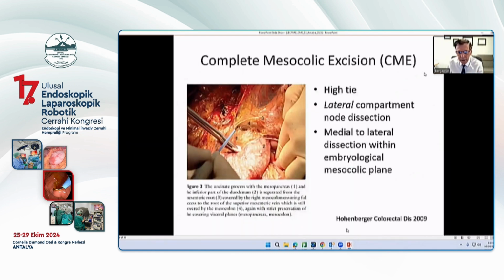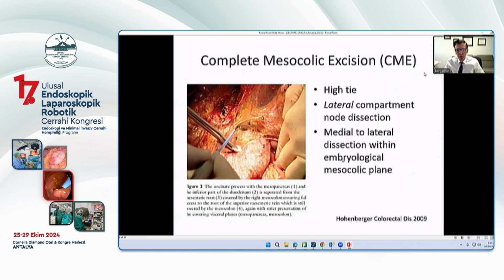This is the classical paper from a German surgeon, Hohenberger, who was not doing D3 lymphadenectomy. I just want to clarify that. CME, complete mesocolic excision, is not D3, but it is a medial to lateral dissection, which is what I do along the embryological planes.